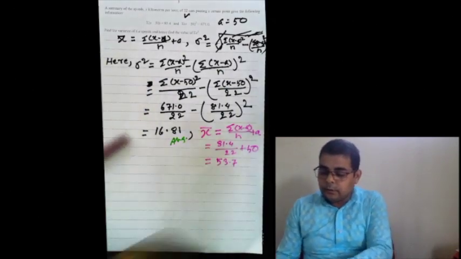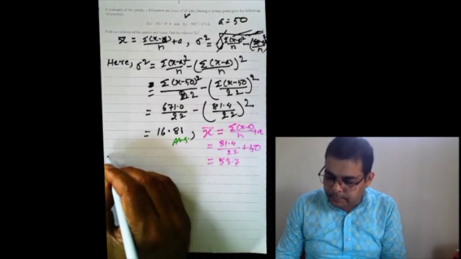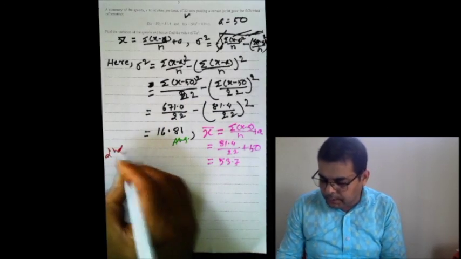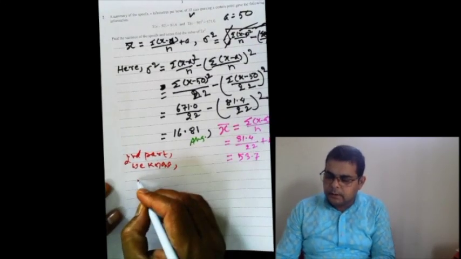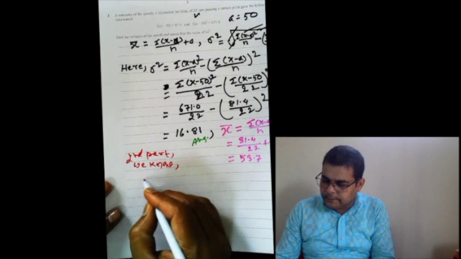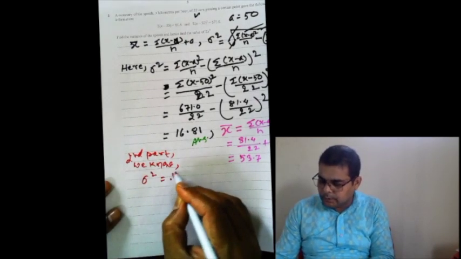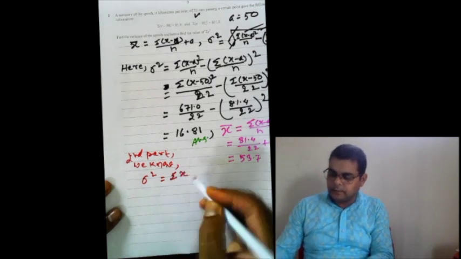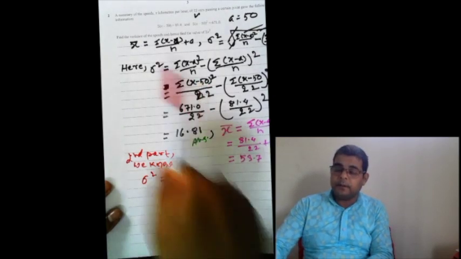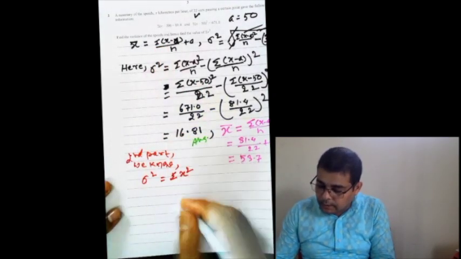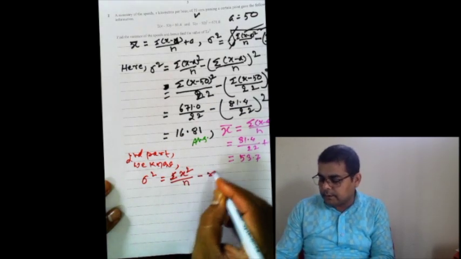In order to find that, for the second part, we know without coding, sigma squared equals summation of x squared, only summation of x squared because this is for an individual series where f is not introduced, divided by n, minus x bar squared.